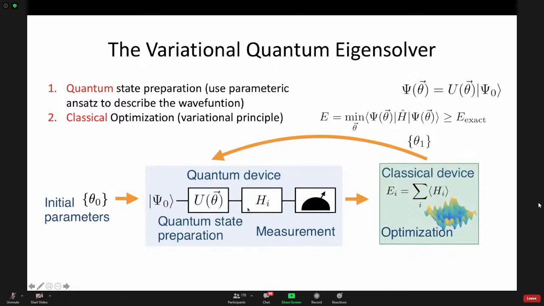We run the circuits and prepare the state, and we measure it. And we calculate the energy, and then we optimize a parameter on the classical device, and we go back again. And we repeat this procedure until the convergence criteria is met. So this is the variational quantum eigensolver.